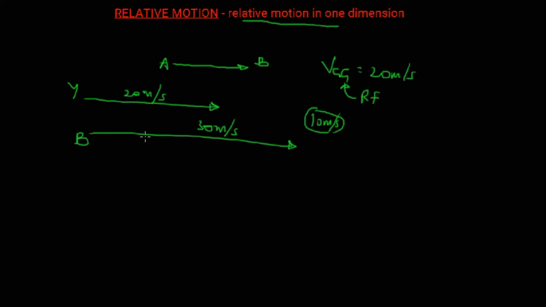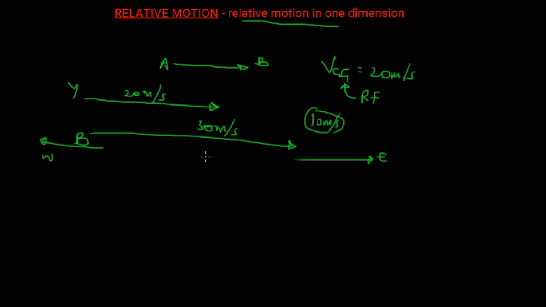It means that relative motion in one dimension is one in which there are two possible directions. It can either be towards the east or towards the west. So it's in one dimension, that is, two possible directions.